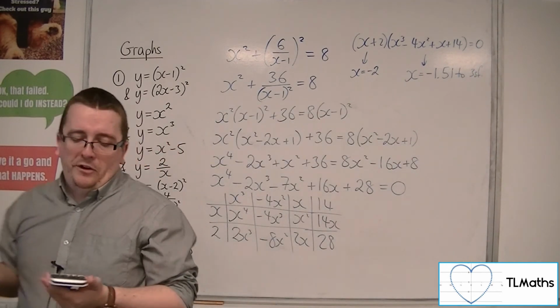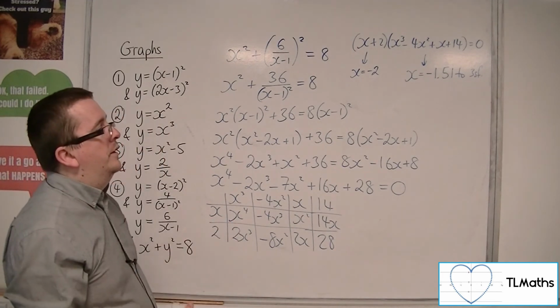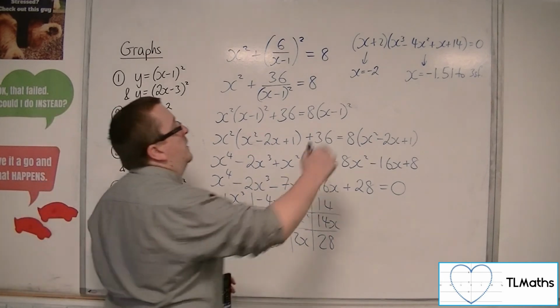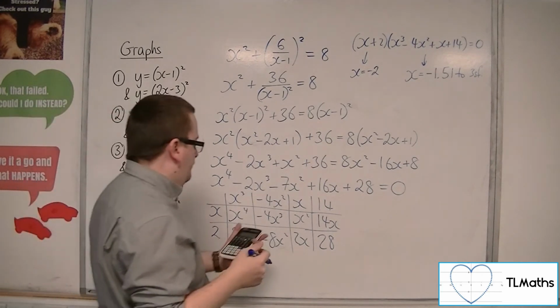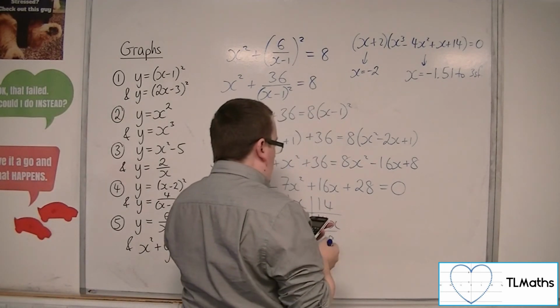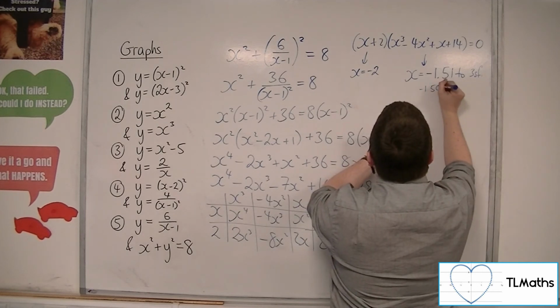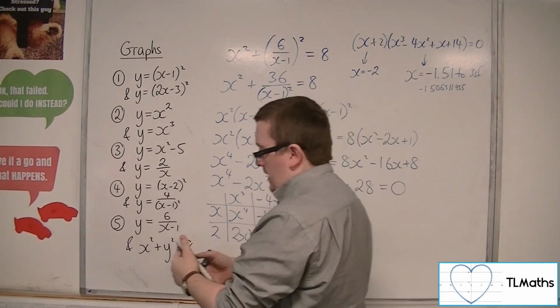It's actually minus 1.506311955, and it continues. But they're the only two real roots that we're talking about here. So if I write down the more exact version, so I can substitute it in.